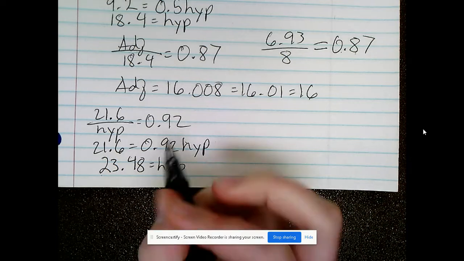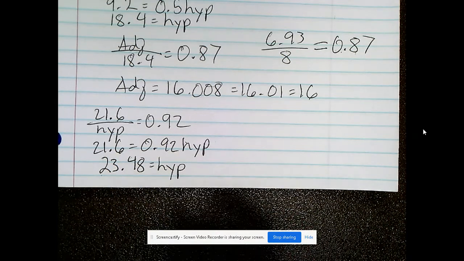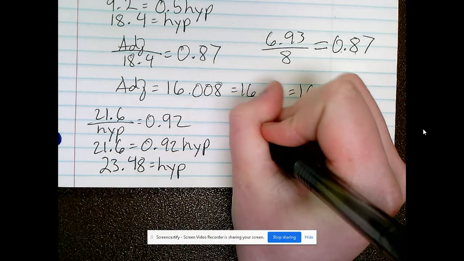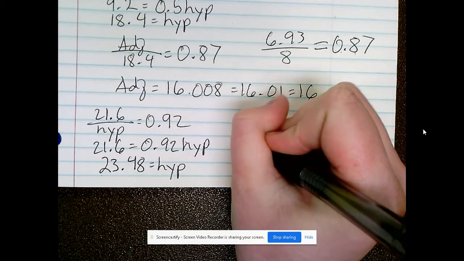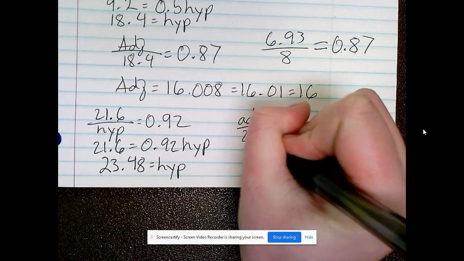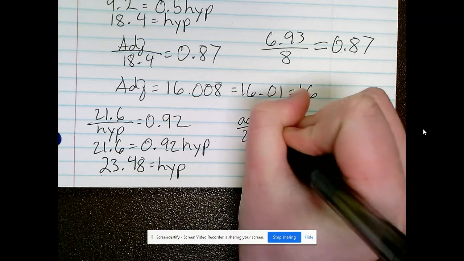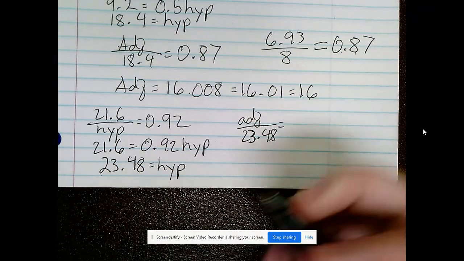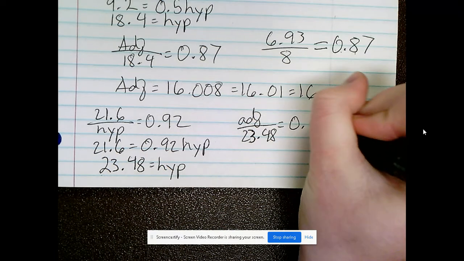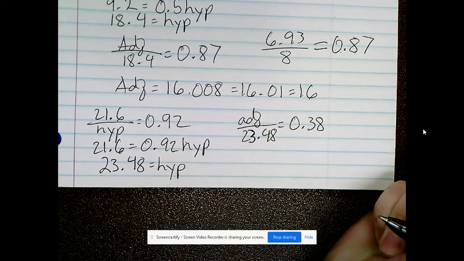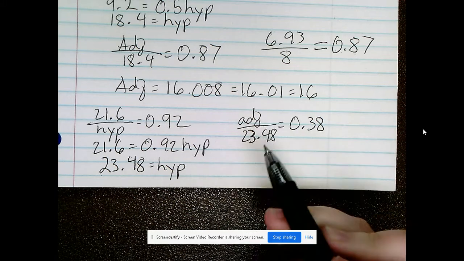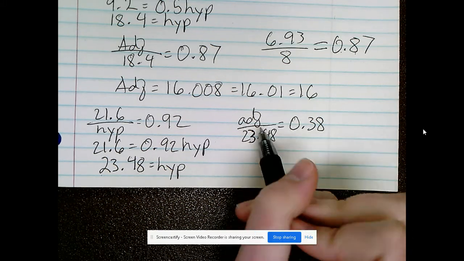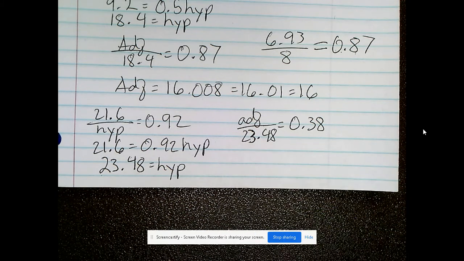So now we're going to apply our knowledge of what our hypotenuse is, and we're going to find our adjacent. And so from our chart that we figured out in the last lesson, we know that our adjacent over hypotenuse is going to equal 0.38. So now we need to get the adjacent by itself. In order to do that, we're going to multiply both sides by 23.48.